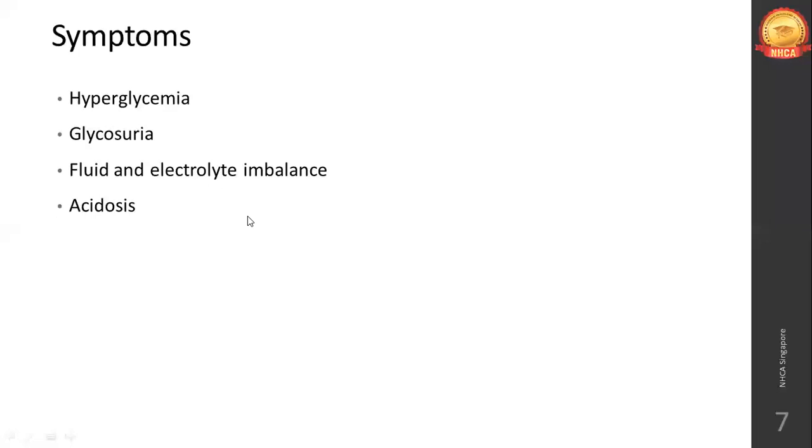What do these ketones do? Ketones will alter the pH level in your blood. Too much ketone in the blood, and your blood will turn more acidic in nature.